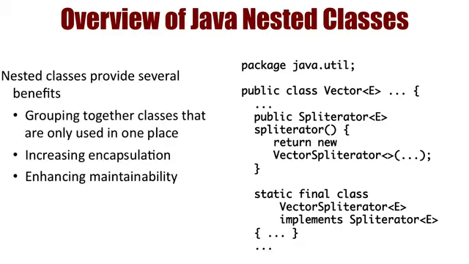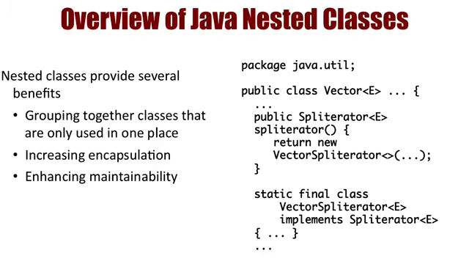Nested classes provide several benefits, including grouping together classes that are only used in one place to avoid creating additional files. For example, nesting the Iter and VectorSpliterator classes within the Vector class enables all these classes to reside within the Vector.java file.